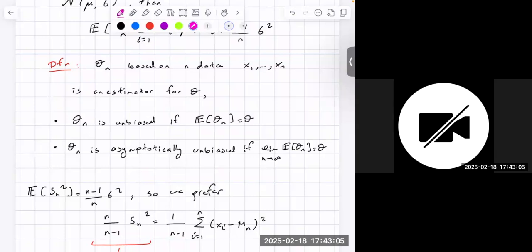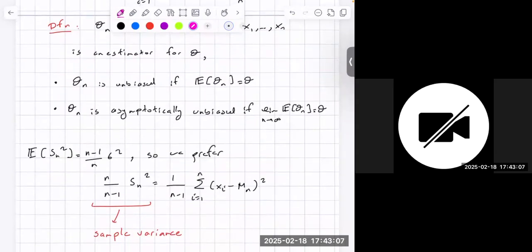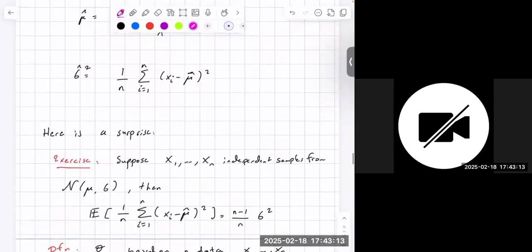Now, because this thing that I showed you, which was very intuitive, according to this definition, is biased. The expectation did not give me what I wanted. It gave me what I wanted times a number. But since I know this number, I can mess with it, right?